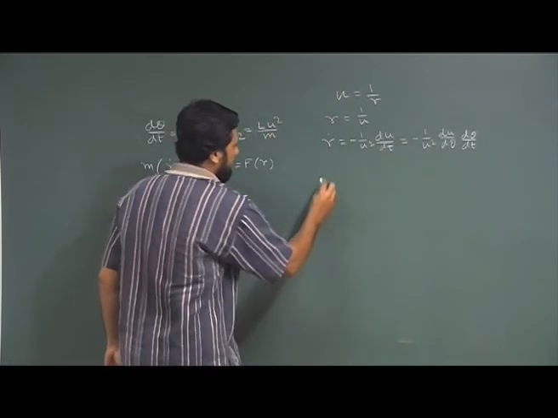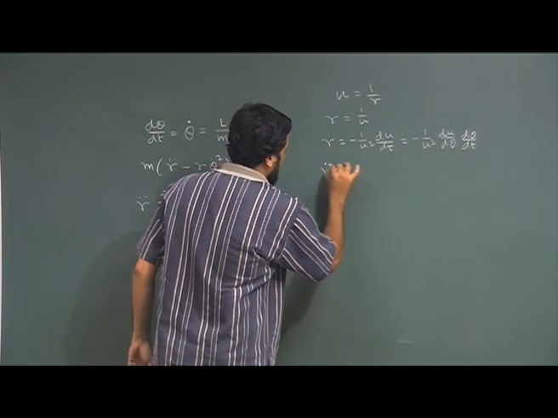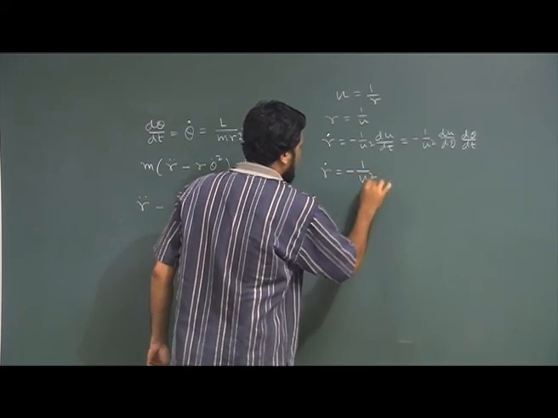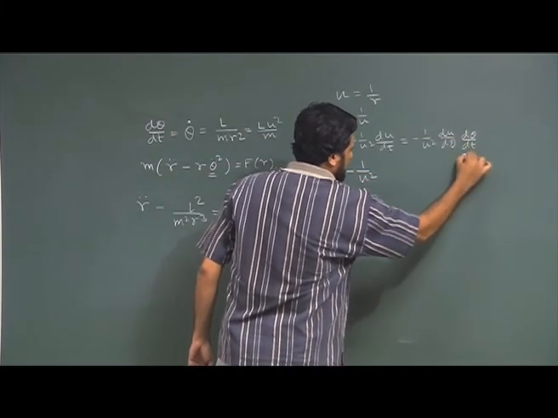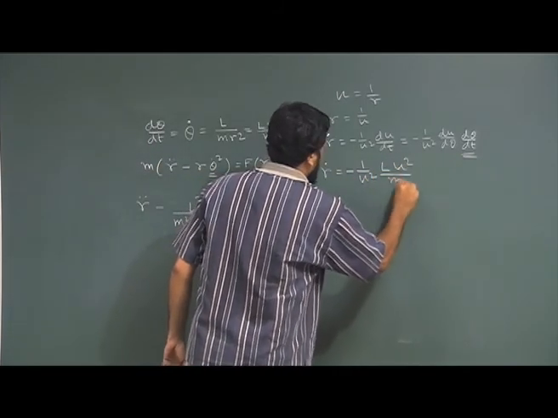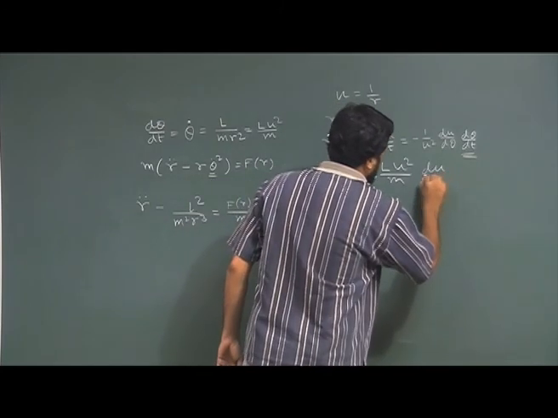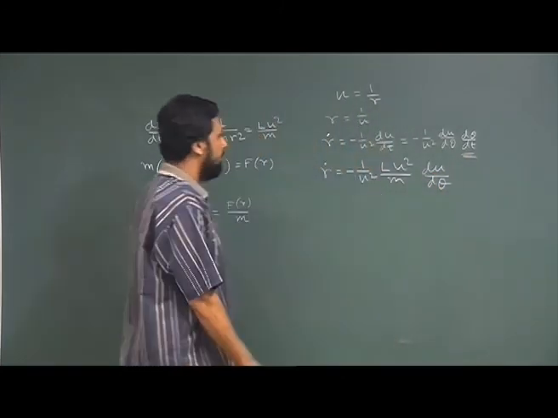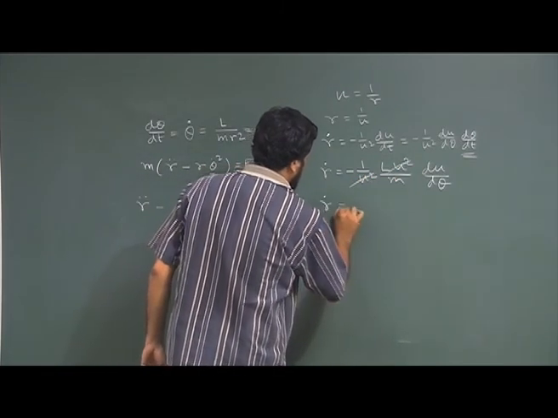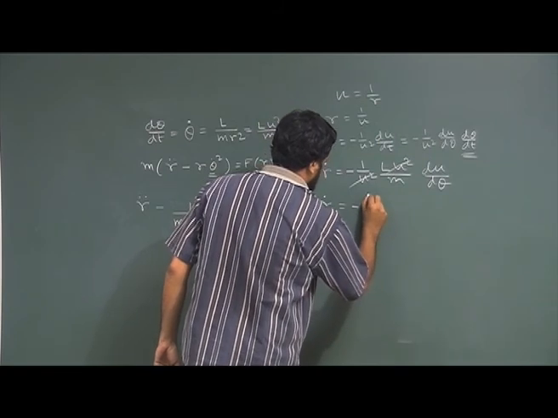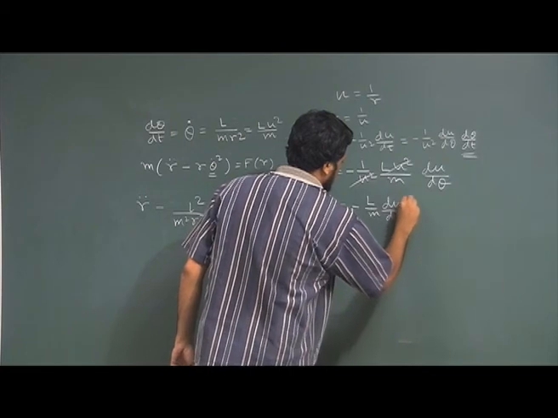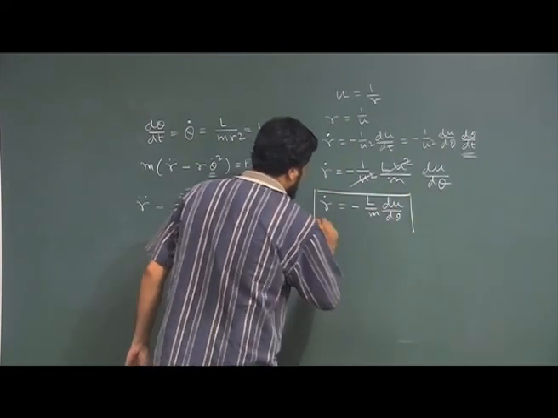So, if we substitute this, r dot will be minus 1 by u square times L u square by m times du d theta. You see that u cancels out, leaving behind r dot equal to minus L by m du d theta. This is one relation.